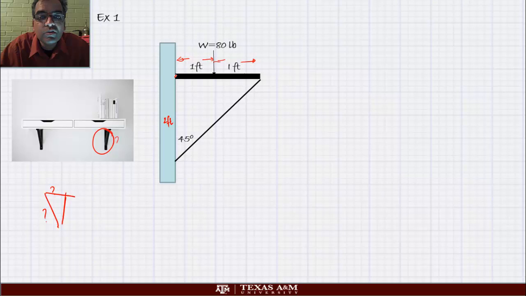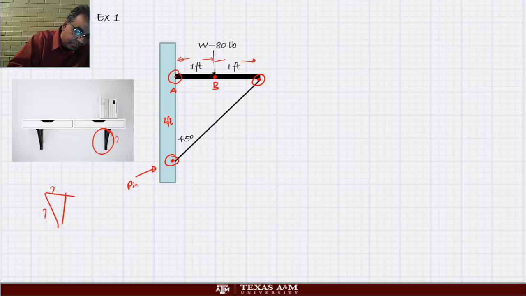When I'm putting a screw through something, it's not tough enough to hold bending forces, and you don't want to damage the wall with bending forces. So I'm going to assume this is a pin joint, point A, and then point B is a pin joint, point C is a pin joint, point D is a pin joint. That's item 1.